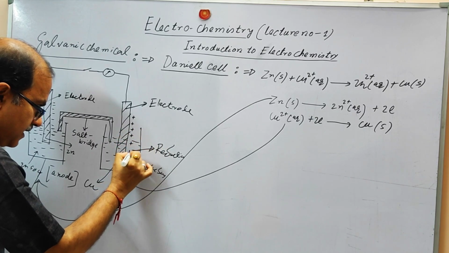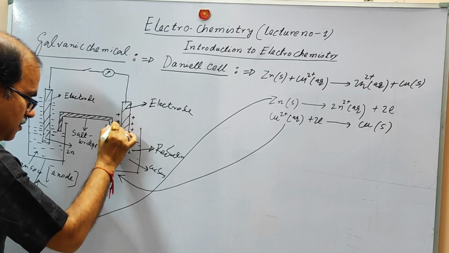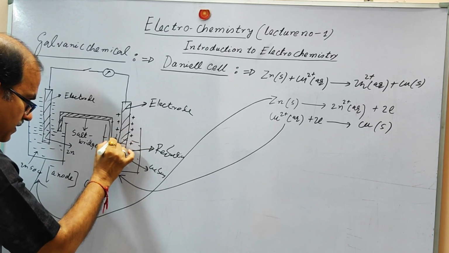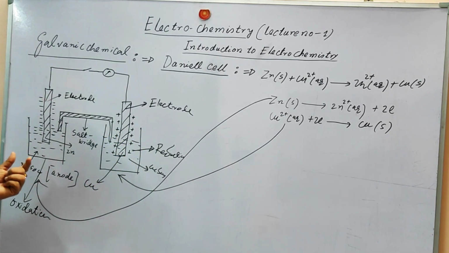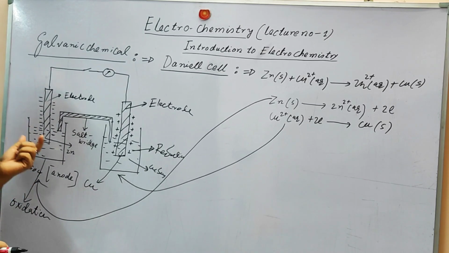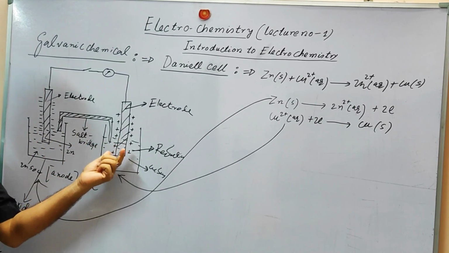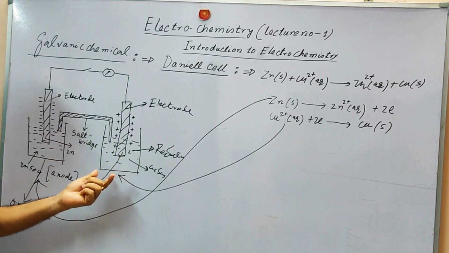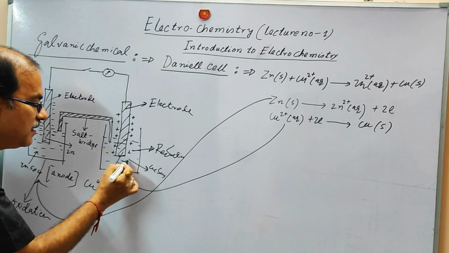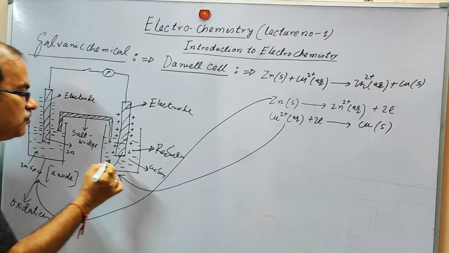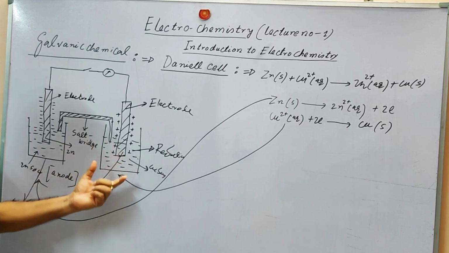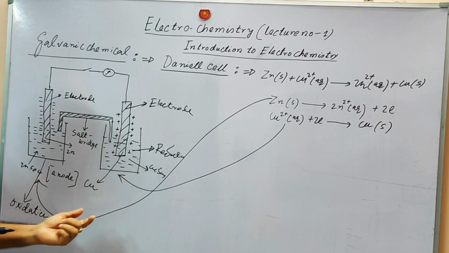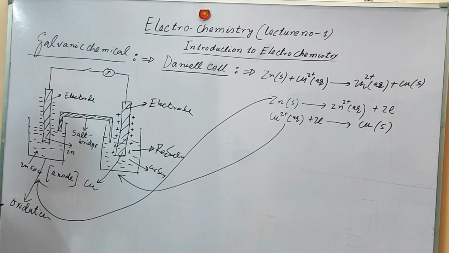So we can understand, with this tendency of these ions and the metal ions, that it will leave this electrode as positive. In case of copper you can see it is positively charged with respect to the solution, which we call the electrolyte, and the zinc rod is negatively charged.